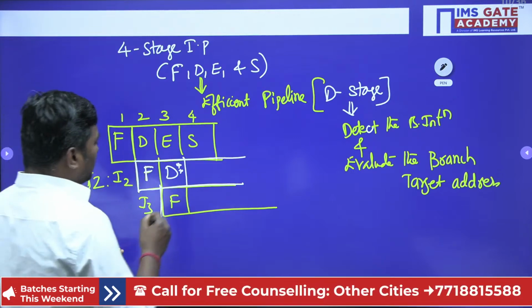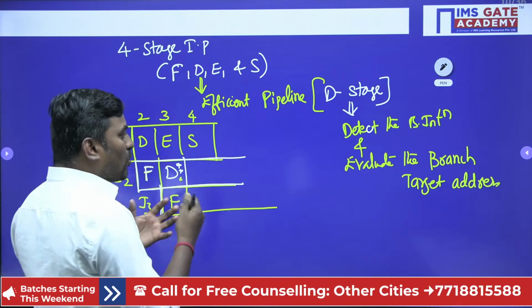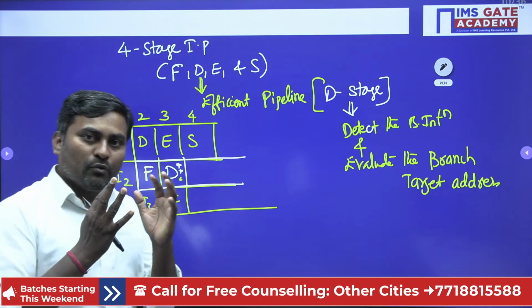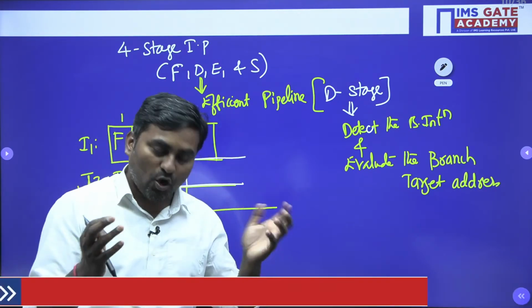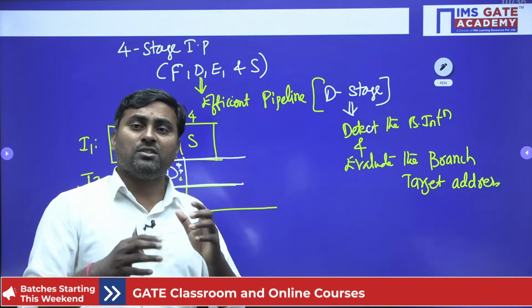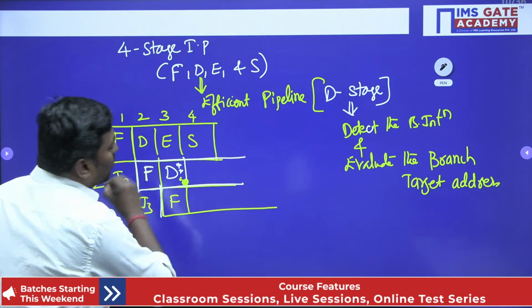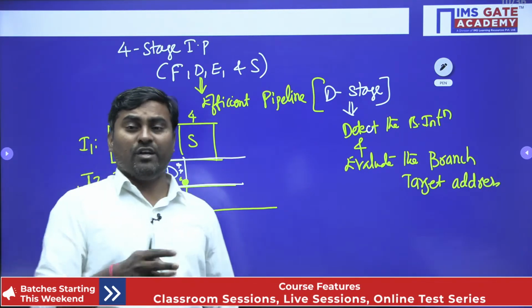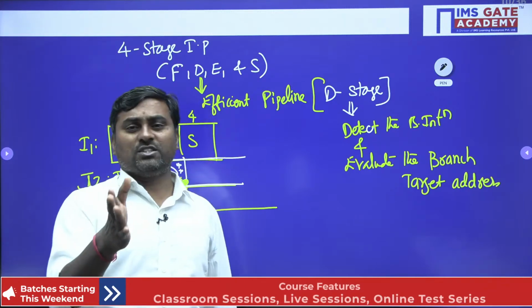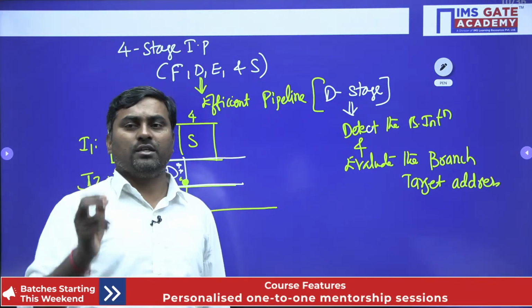Now we have made this decode stage much more intelligent. Whenever you detect this branch instruction, immediately fetch the operands, do the comparison, and generate the address. At the end of the decode stage only, we decide whether to fetch the sequential instruction or the target instruction.